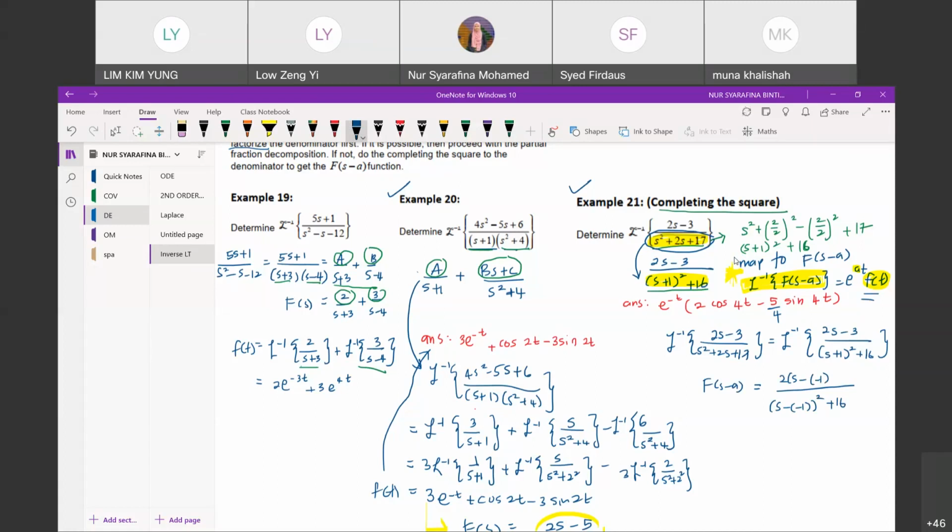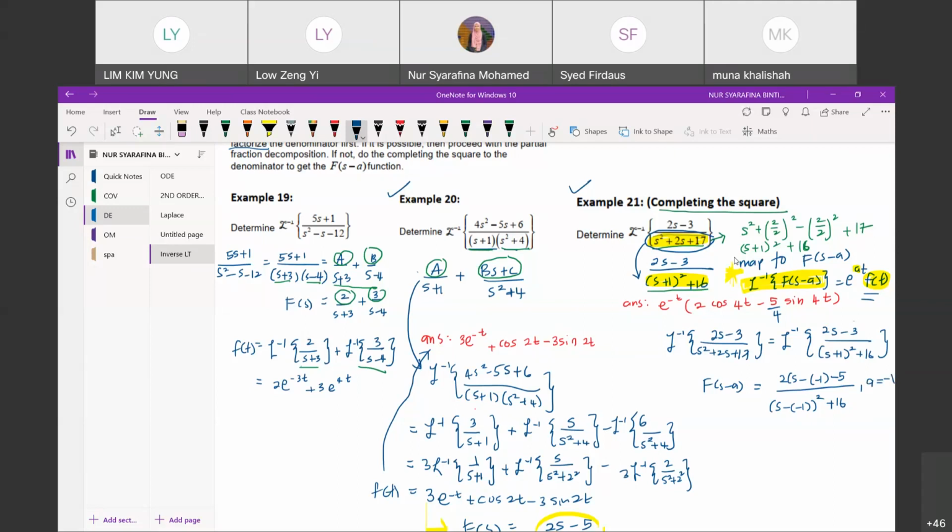2s plus 2. This one is minus 3, so you should have minus 5 here, right? So when you expand, you should get 2s minus 3 again. So 2s plus 2 minus 5 becomes 2s minus 3. So now from here, as you can see, this is F(s minus a) where a equals minus 1.